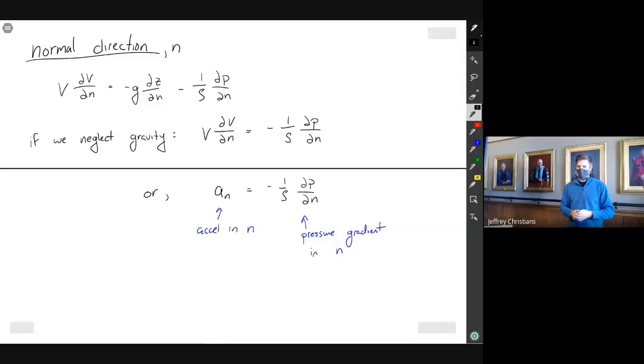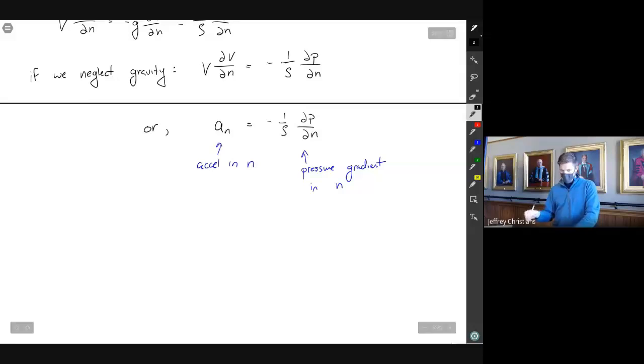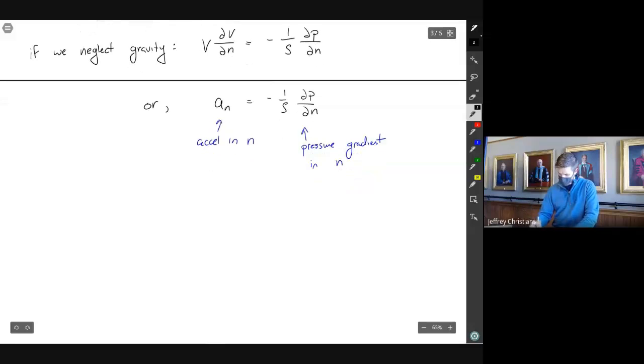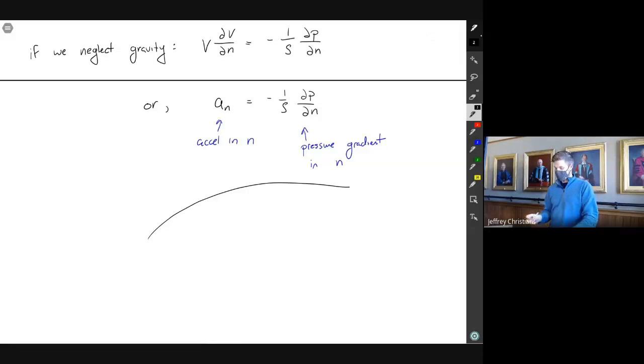This one's a little bit harder to think about directly, but if we look at a curve, our fluid particle is moving along a curve. As it moves along a curve in the streamline, another way to think about that is it's accelerating towards the center of that curve. The velocity is changing direction. It's accelerating towards the center of that curve.